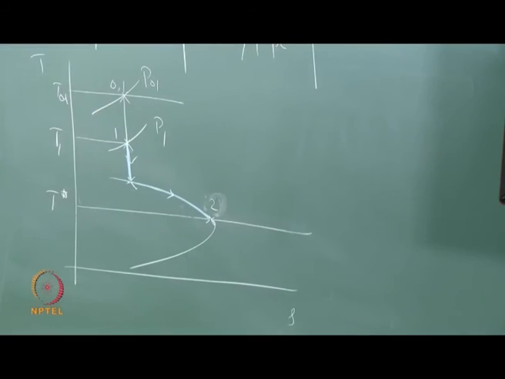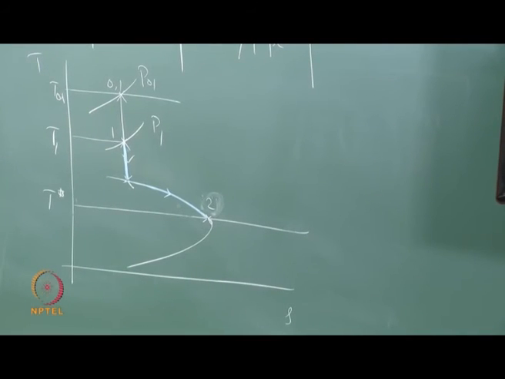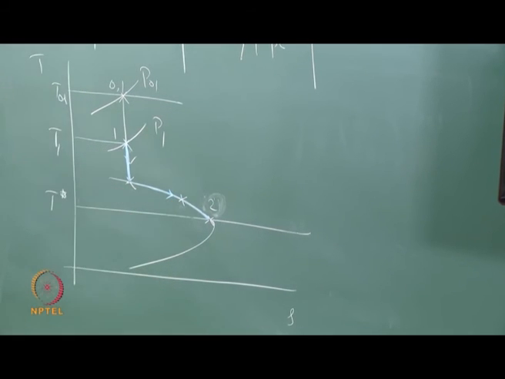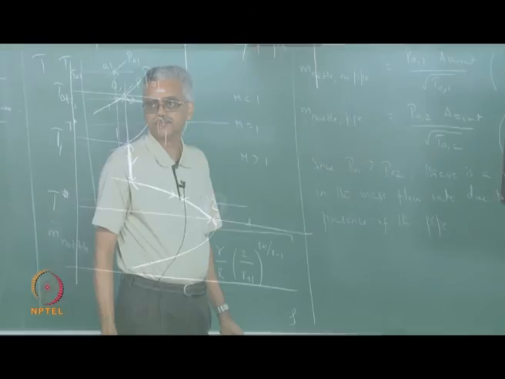So, you can have Mach number at state 2 to be 1 or maybe even something less than that, maybe state 2 can be here as well, that is also possible depending upon the back pressure conditions and the length of the pipe, friction factor and so on.